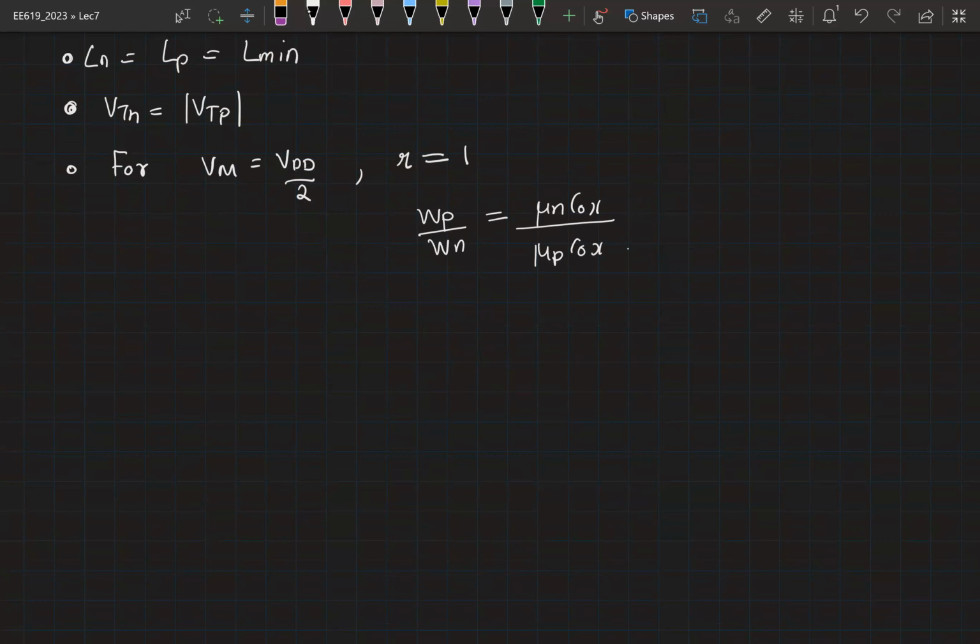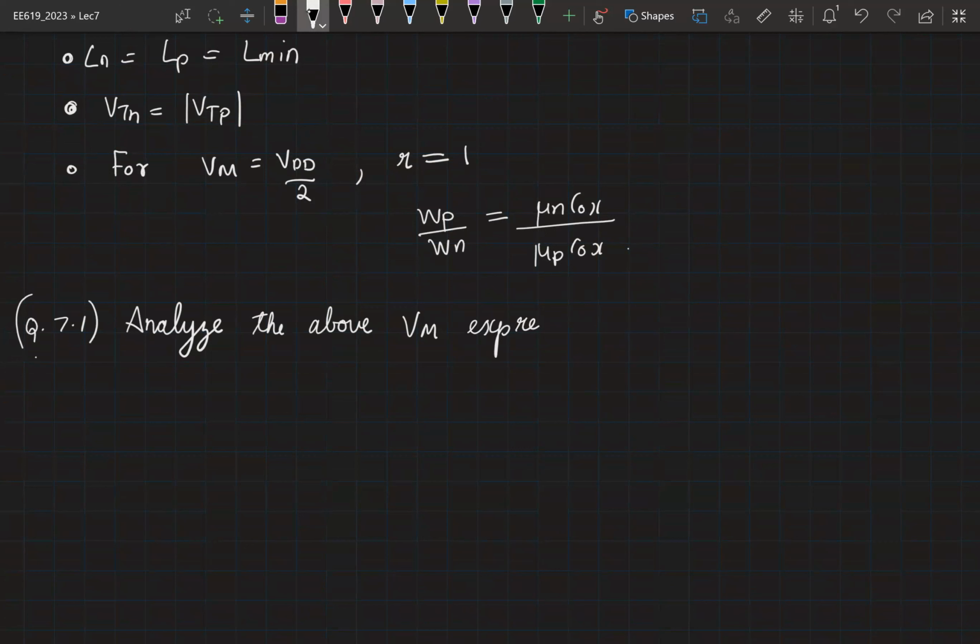I will leave it as homework to you. You have to analyze it for R much, much greater than 1 and R much, much lesser than 1. The same thing that we did for the short channel plan.